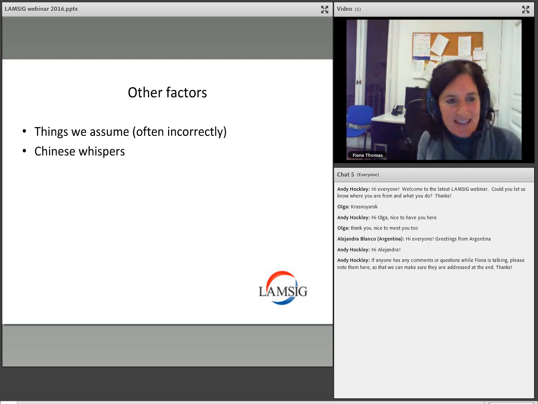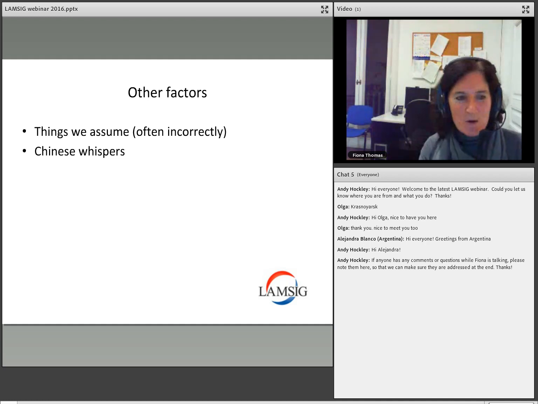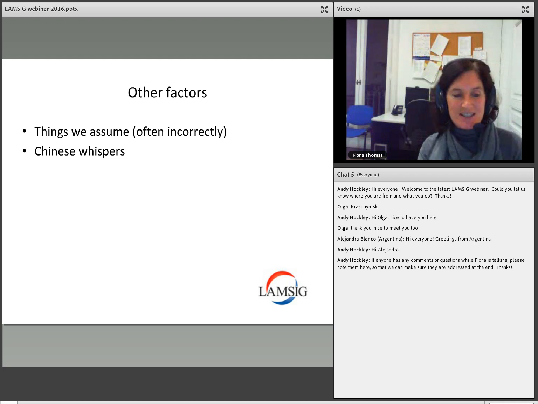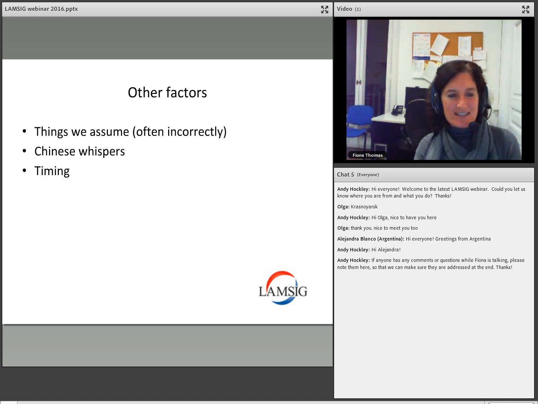There's also the concept of what I call Chinese whispers, which I think is specific to a lot of language teaching organizations. I think a lot of students that go and study in language teaching organizations, language schools, don't necessarily come directly to the school, but come via agents, especially if they're studying abroad.